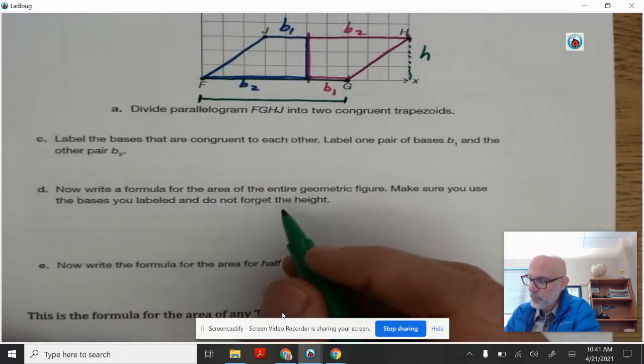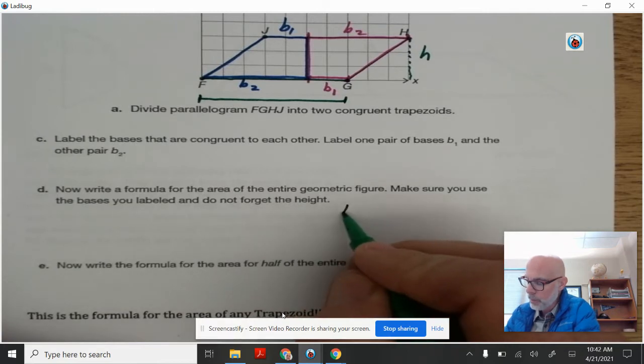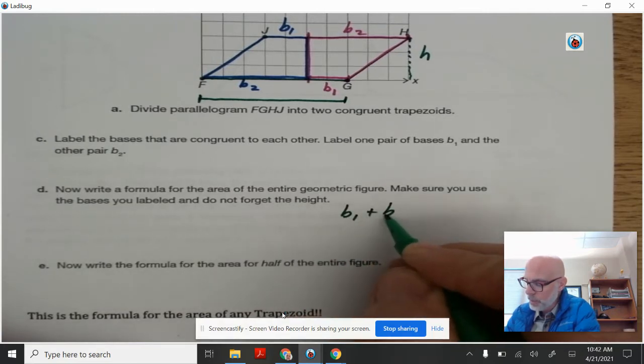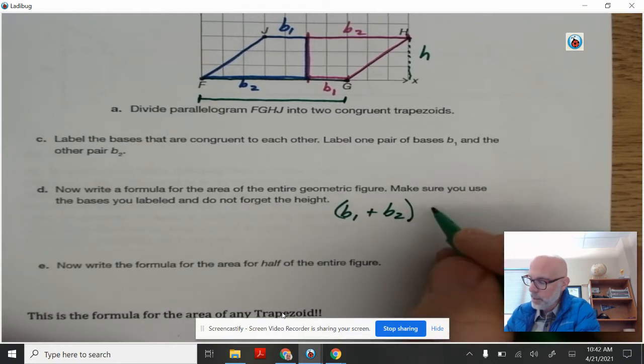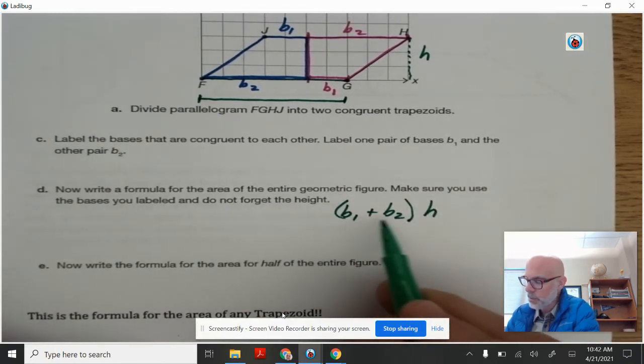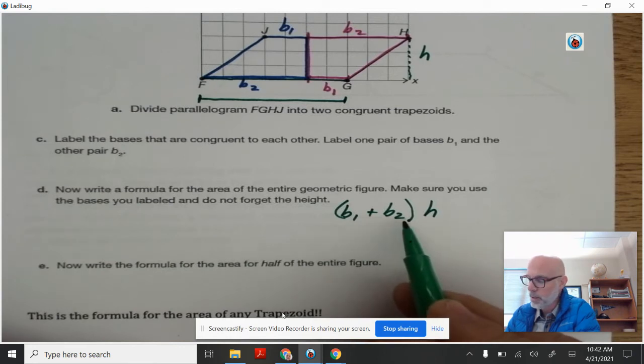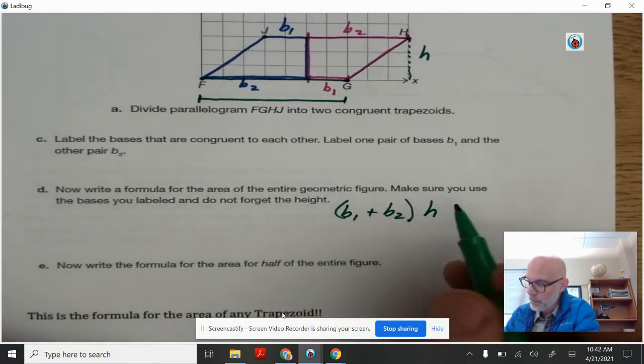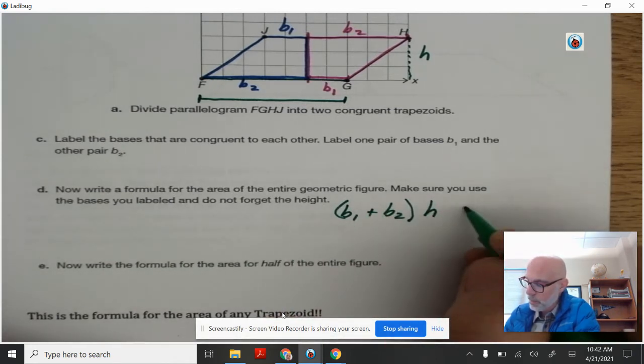So for the whole thing, I would write base 1 plus base 2. I would have to add those together first, and then multiply times the height. So this is really how you would find the area of the parallelogram.